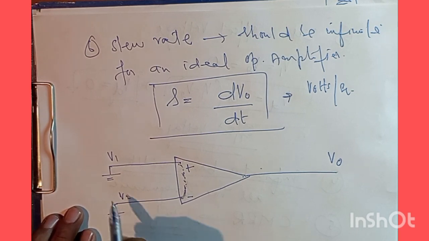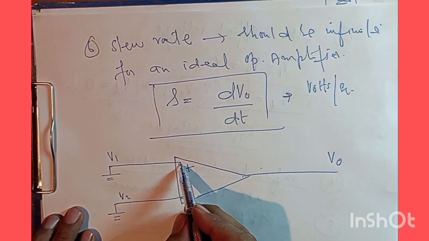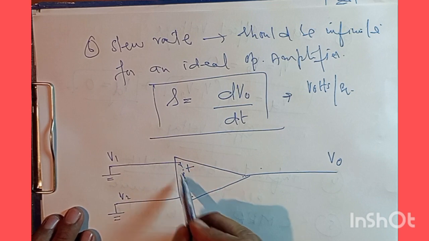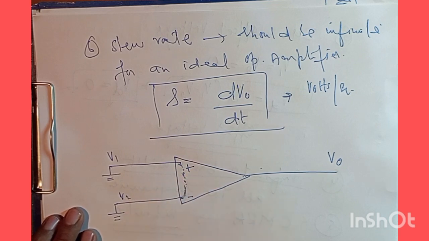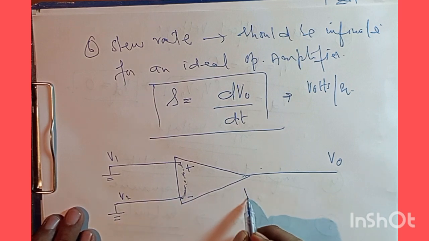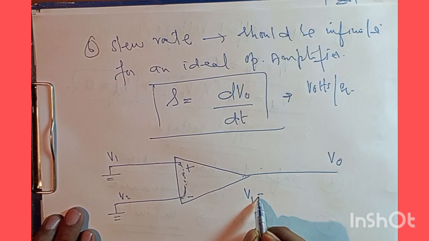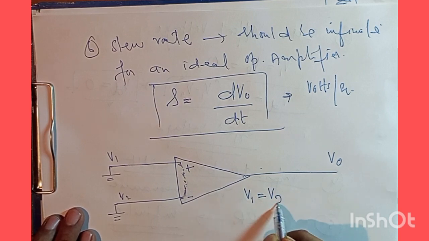Now if I do that, since I understand that the input impedance of this operational amplifier is extremely large, in that case I can say that this V1 is equal to V2, right?